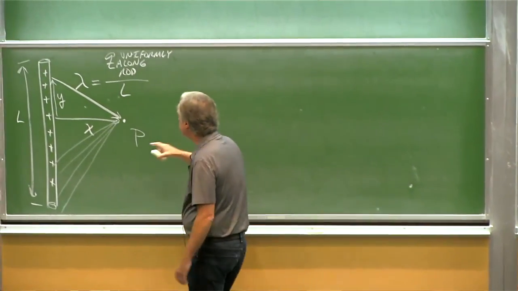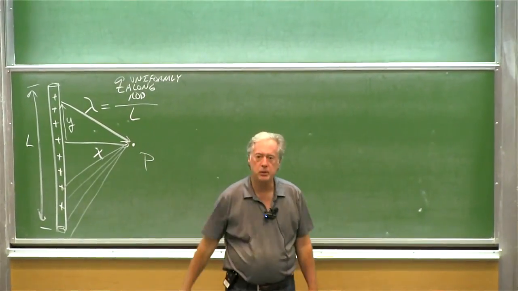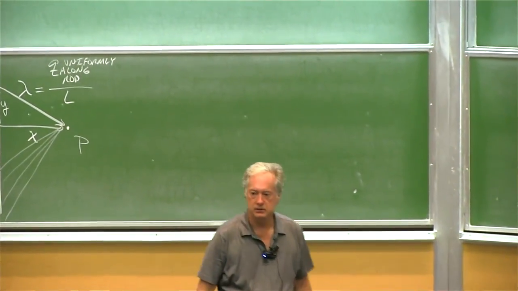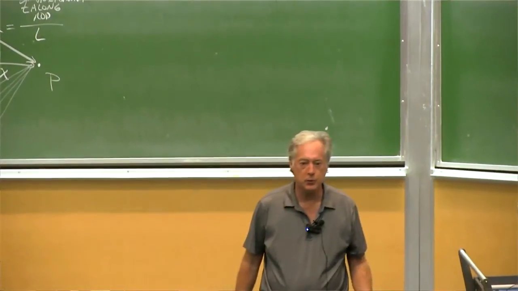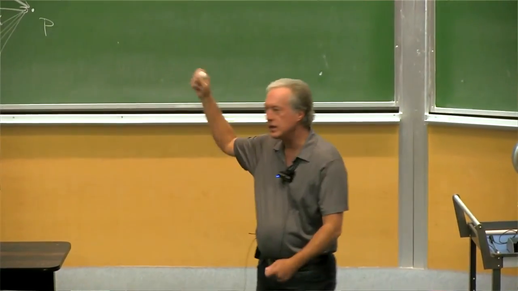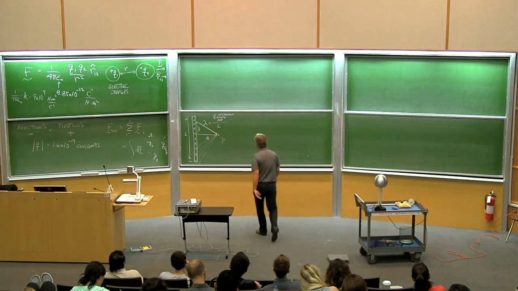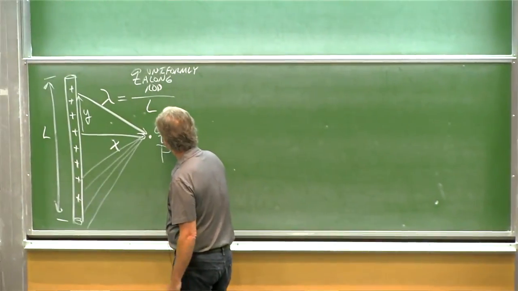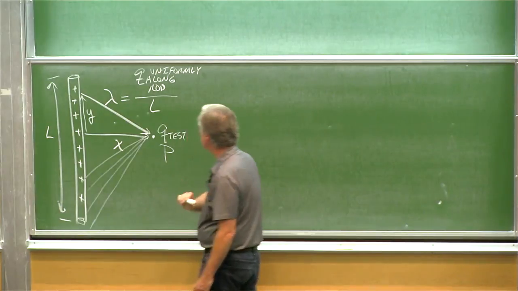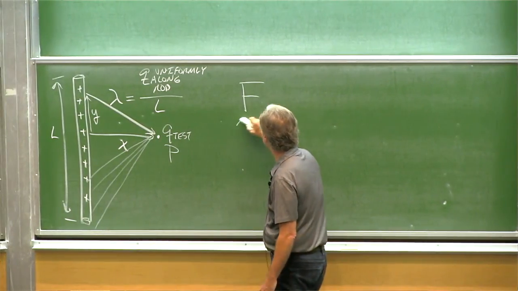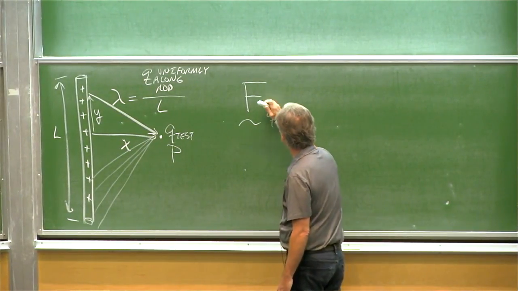Let's think now. If we're going to look at this point P, what would we like to put there? A charge to feel the force. That's where Cassidy would like to put the other tube, for example. And if we put a charge there, let's put our little test charge there. So there's going to be a force on that test charge.